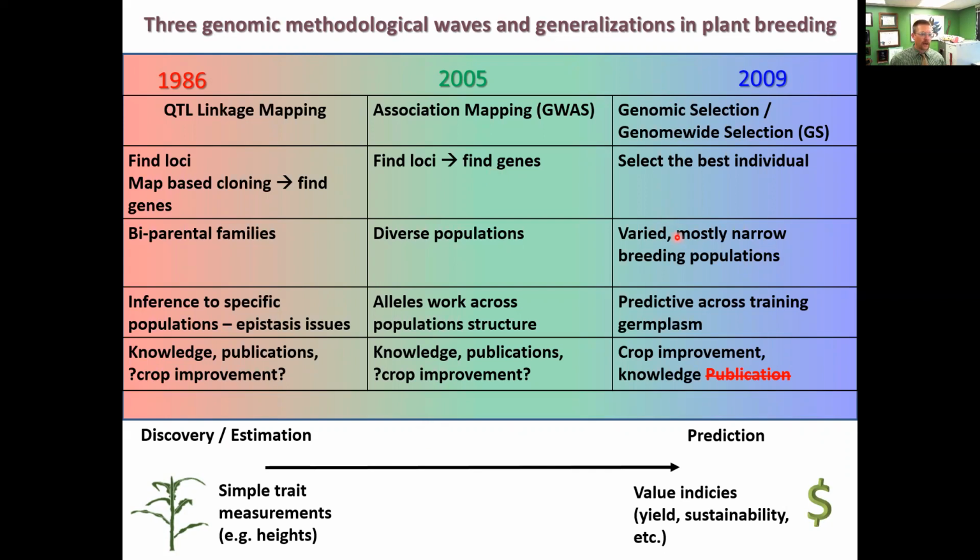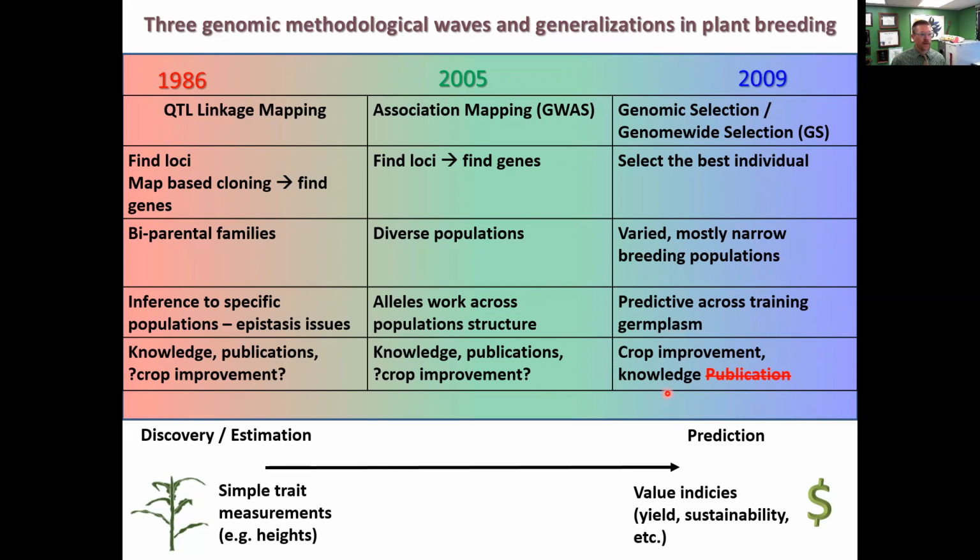And we can use that across different types of populations. It's very predictive across training germplasm, and then you apply it in a cross-validation scheme and see how predictive it ends up being in a real-world population. And what we found from this is we can actually get a lot of crop improvement. Most of my industry colleagues are extensively using genomic selection, genomic prediction.